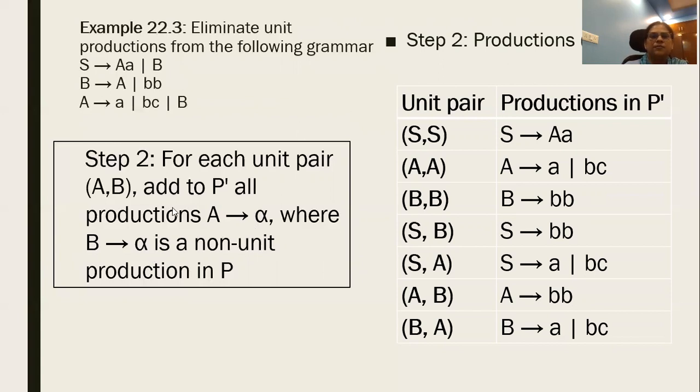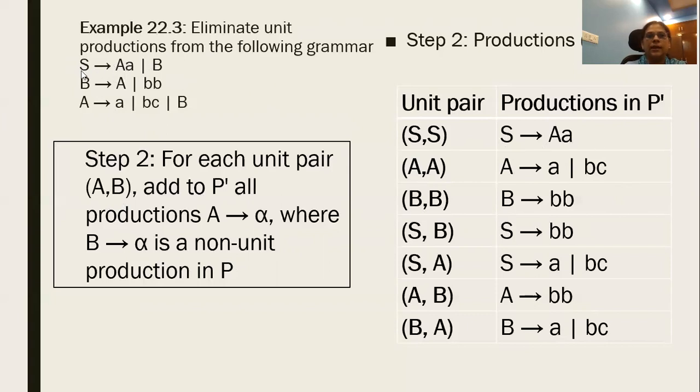Okay. Now, when applied to (S, S), (A, A), (B, B), it simply means that you add the non-unit productions of S, A, and B to the grammar. There are two S productions, S derives AA and S derives B. You are applying this step, hence you add only S derives AA, which is a non-unit production.